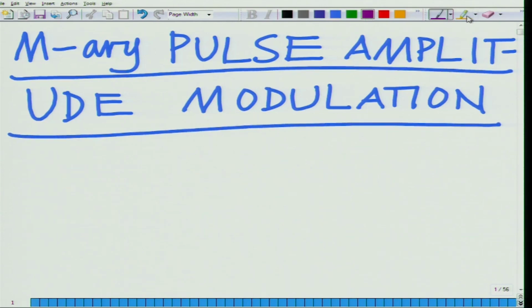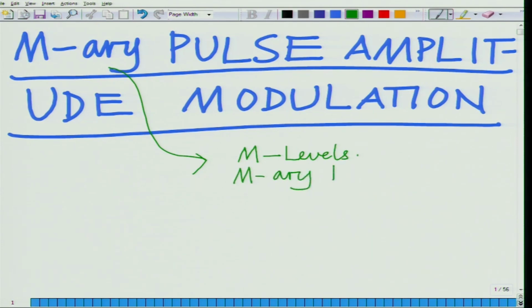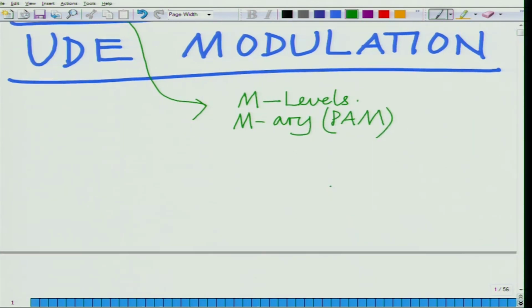Until now we have seen binary modulation schemes. So this is based on M levels, which we are going to describe shortly. This is abbreviated as PAM: M-ary PAM, M-ary pulse amplitude modulation.